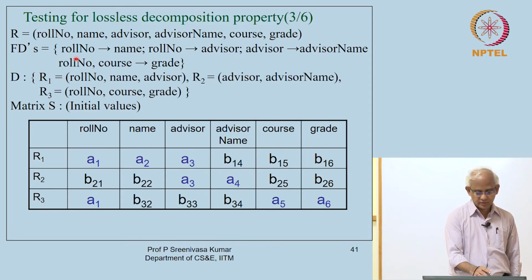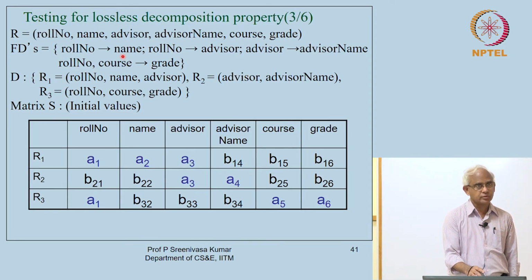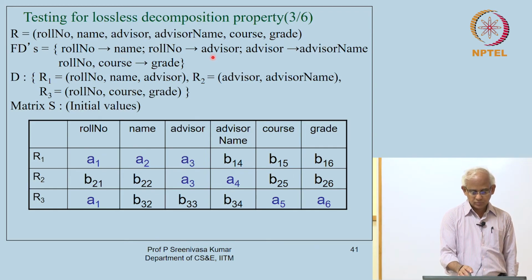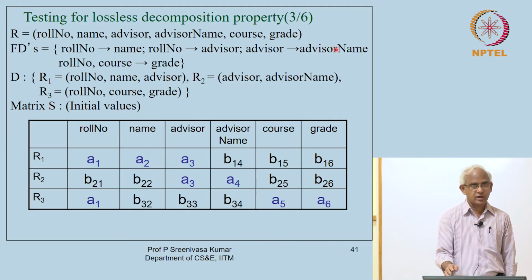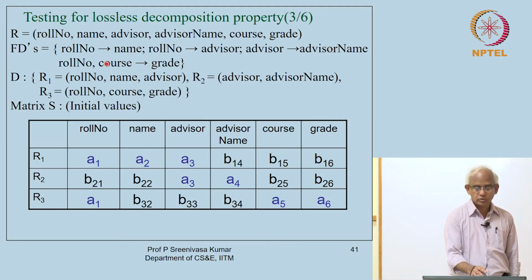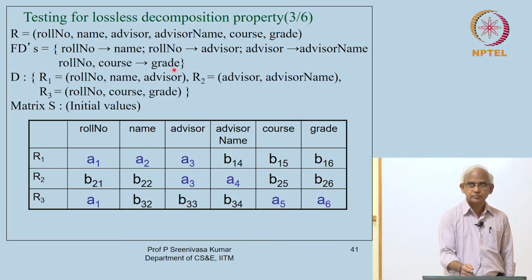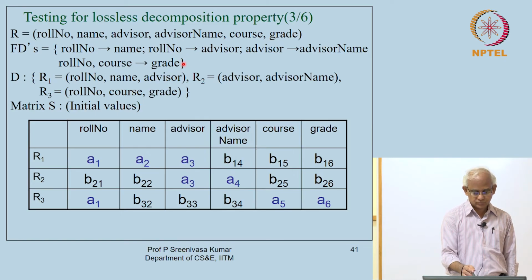And the functional dependencies are: roll number determines name, roll number determines advisor, advisor determines advisor name, and roll number and course together determine the grade. These all look very appropriate for this relationship.